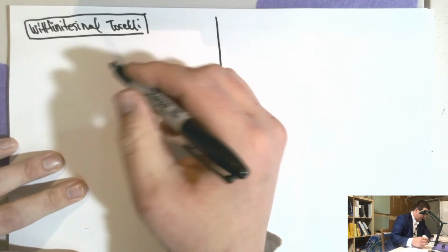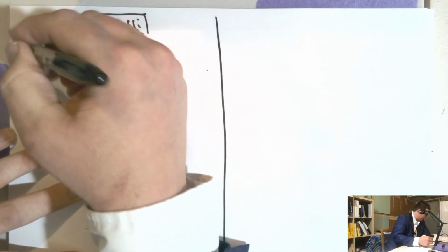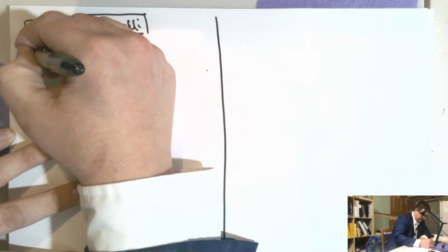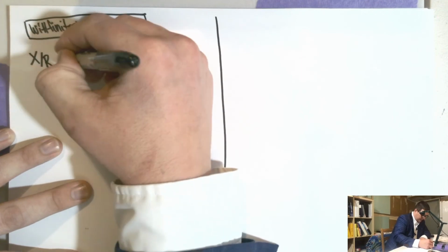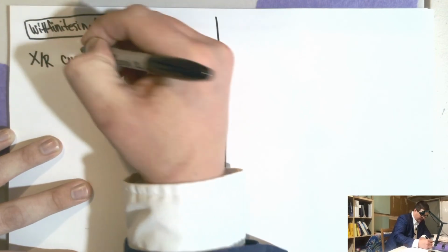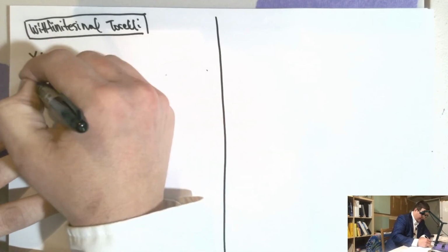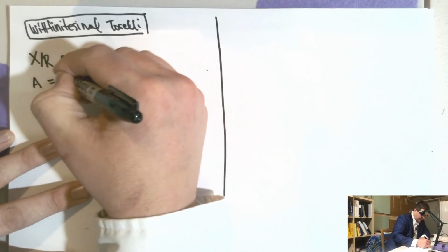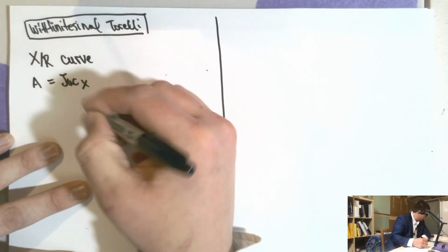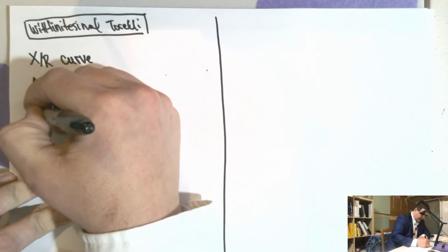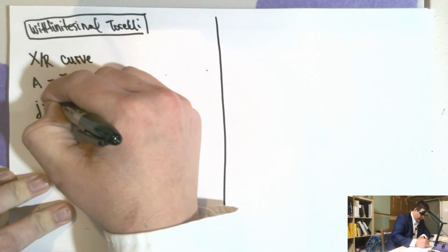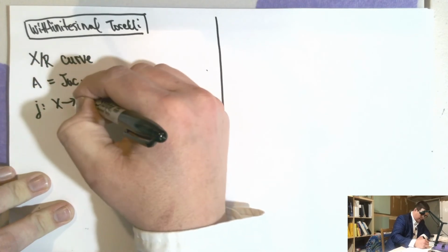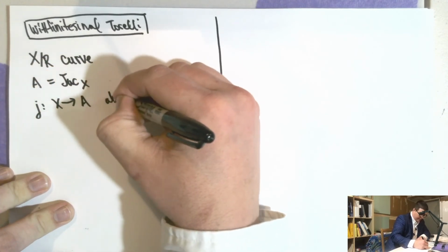Let X over R be a curve, and let A be the Jacobian of X. Let j from X to A be the Abel-Jacobi map.